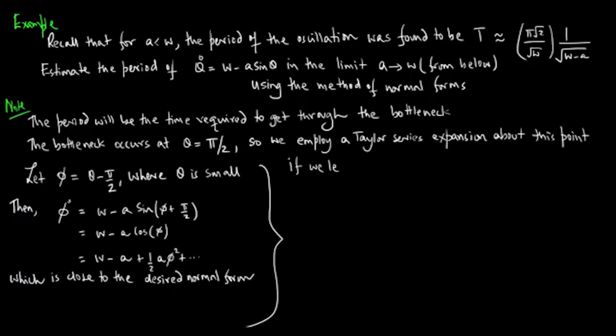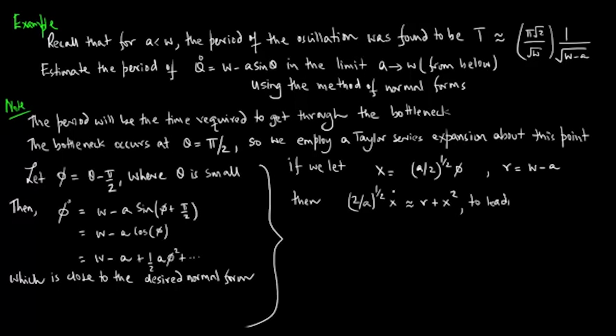So if we let x be equal to a by 2 to the power of a half times phi, and r be equal to omega minus a, then 2 by a to the half x dot is approximately equal to r plus x squared, to leading order in x.